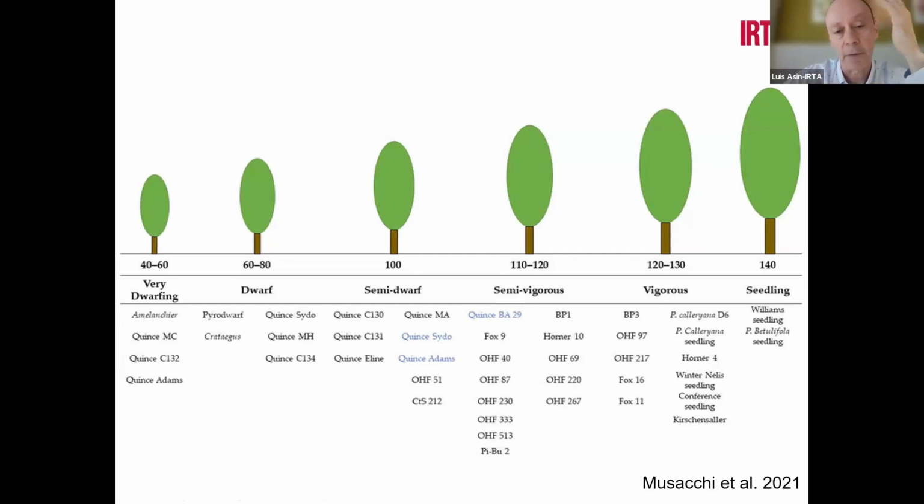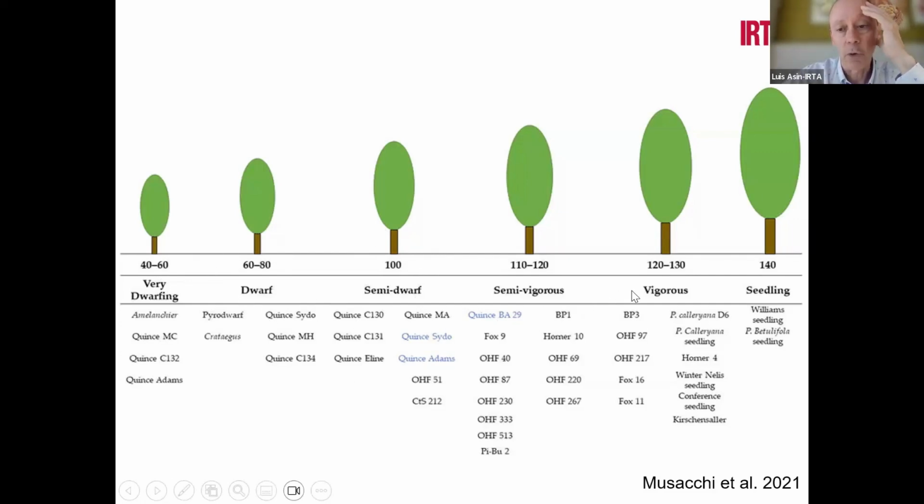I'm sorry because I have information about Europe, not really about other countries or continents. But you can see that there are other quinces with a low vigor, especially this one, MC, which has half of the vigor in comparison with the other quinces. You can have a quite wide range from the point of view of vigor.